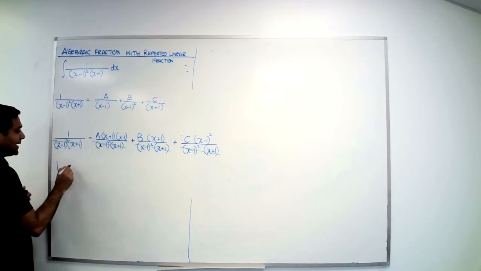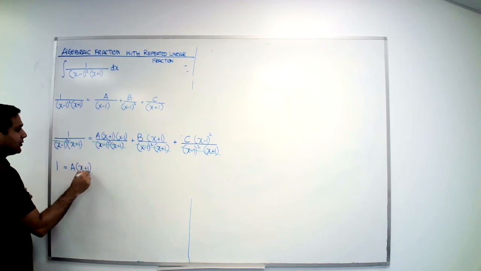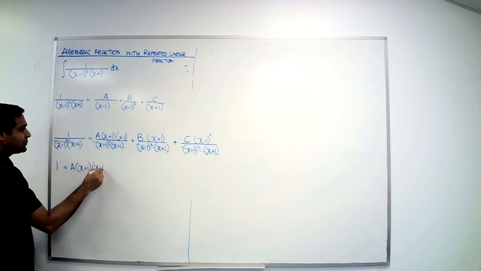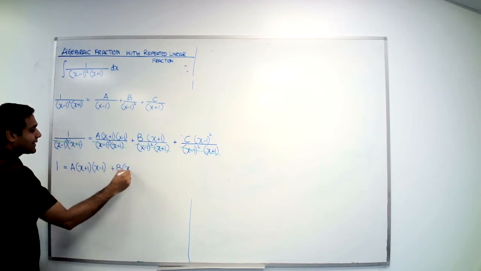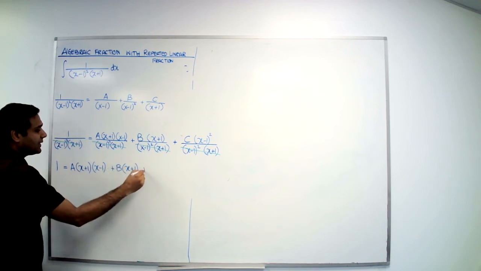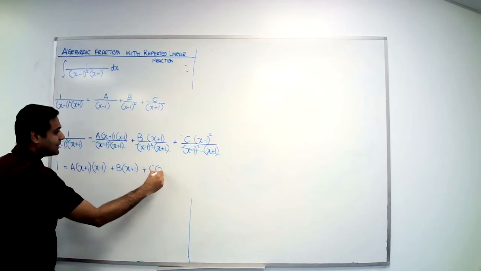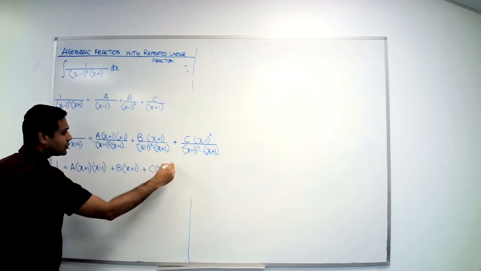On the other side, I have A times bracket x plus 1 bracket x minus 1, plus B times bracket x plus 1, plus C times bracket x minus 1 squared.